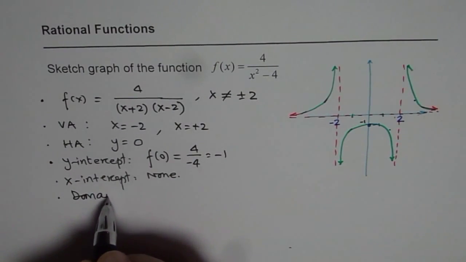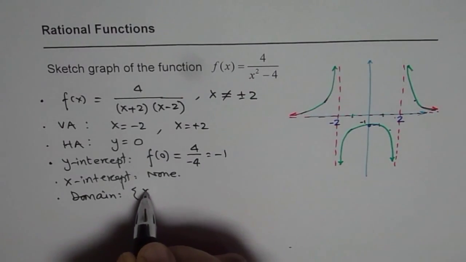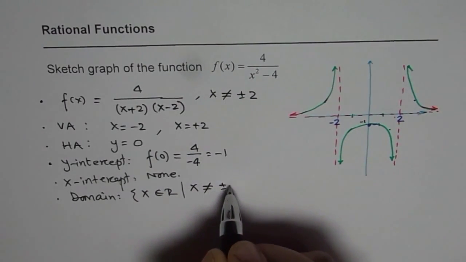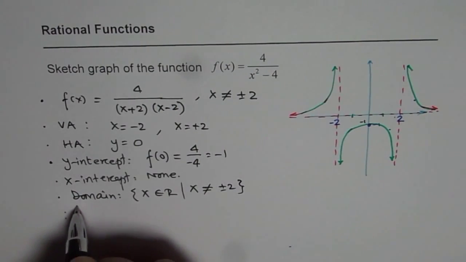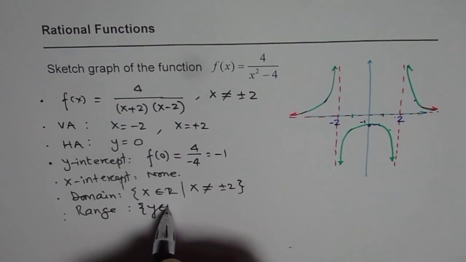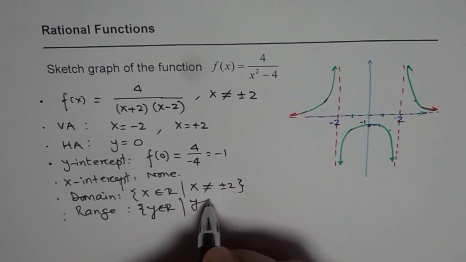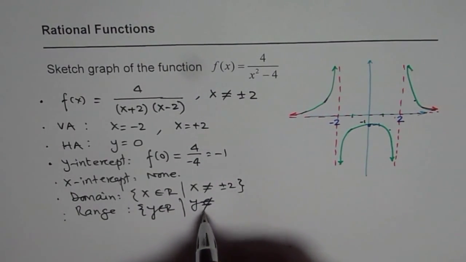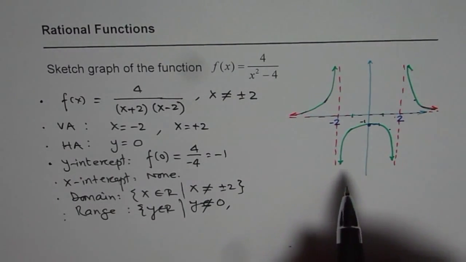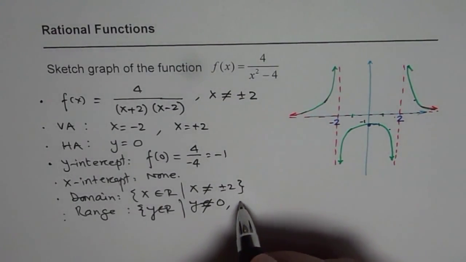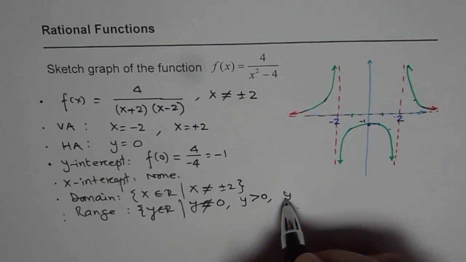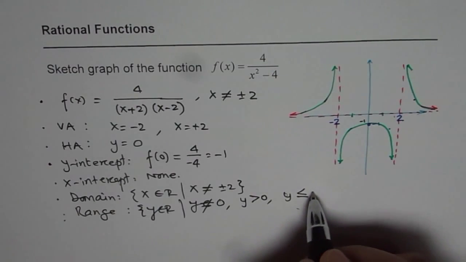Now from here we can write the domain of the function, right? So what is the domain of the function? Domain is x belongs to real numbers where x is not equal to plus minus 2, and then we can write the range of the function. The range is y belongs to real numbers where y is greater than 0, and in this case y is less than or equal to minus 1.